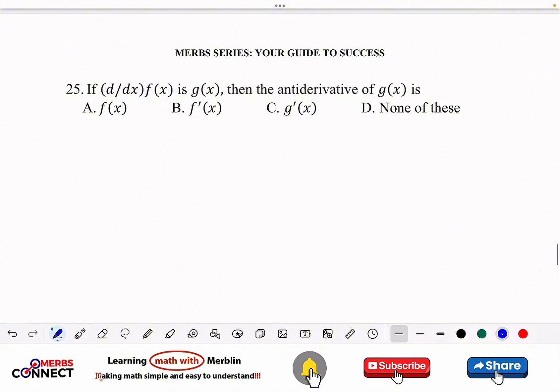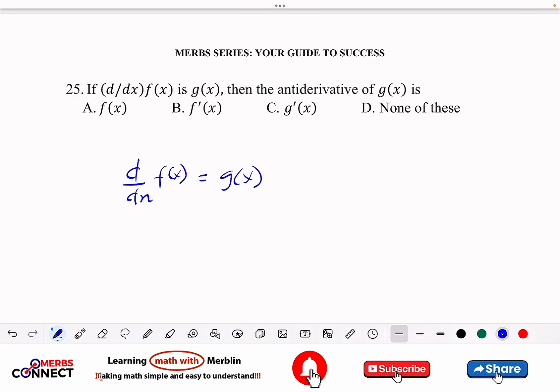Let's look at 25. We have, if d over dx of f of x is equal to g of x, then the antiderivative of g of x is, so what we mean here is the integration of g of x is equal to what?